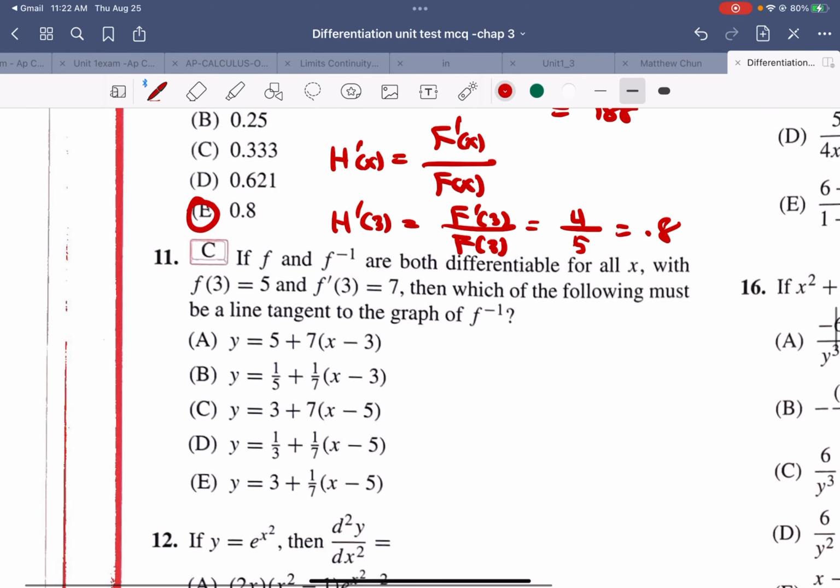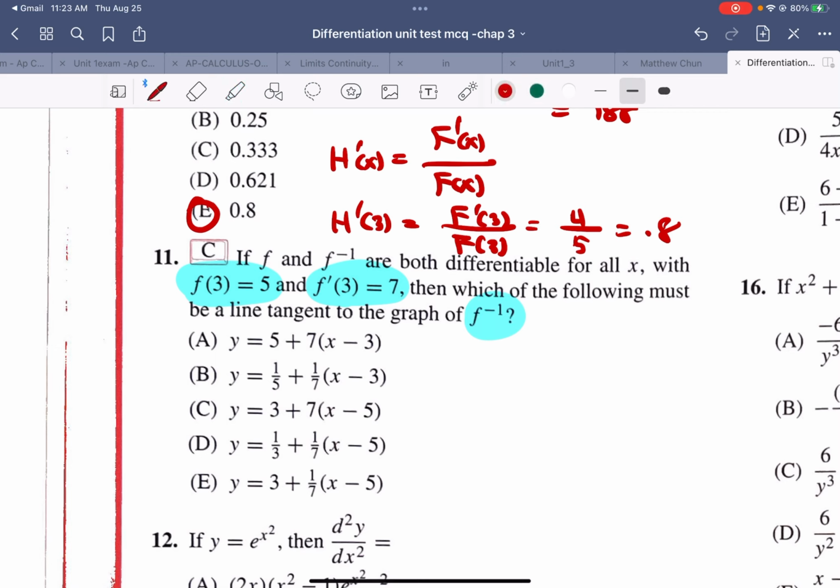Next one, number 11. F and f inverse are both differentiable for all x, and they gave you f of 3 and f prime of 3. Which of the following must be a tangent line of f inverse, not f of x, f inverse.